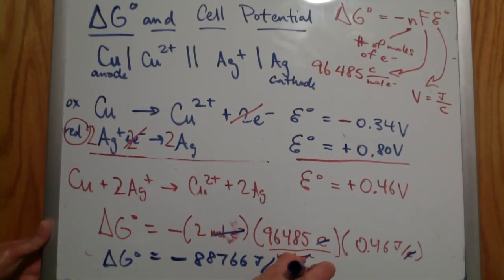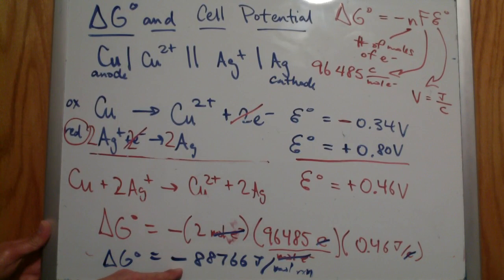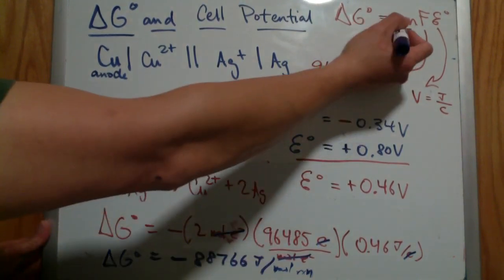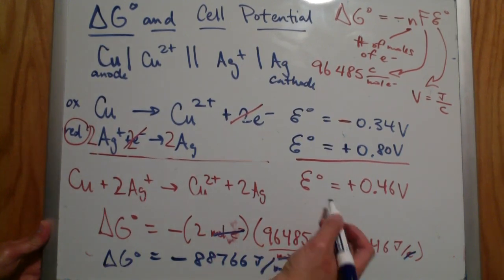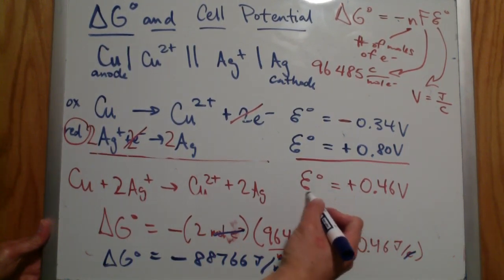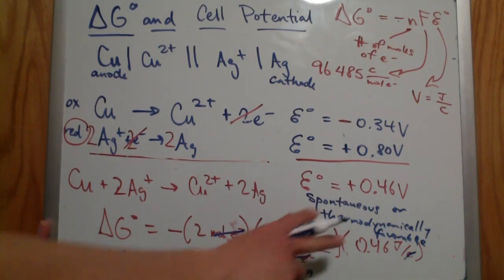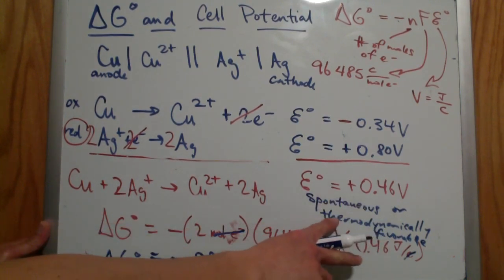Now, the sign of delta G here is negative because of the negative that we have here. And remember, that meant that the reaction would be spontaneous or thermodynamically favorable. And like we talked about yesterday, the cell potential being positive also tells us that the reaction is spontaneous or thermodynamically favorable.